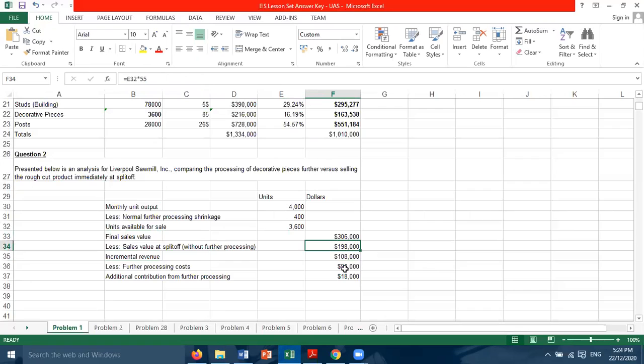Now, all we need to do after finding this is minus it by the separable cost, or in this case, the marginal cost, which is, as mentioned in the problem, 90,000 per month. So 108,000 minus 90,000, 18,000. So we know that with further processing, we'll get 18,000 more in profit.